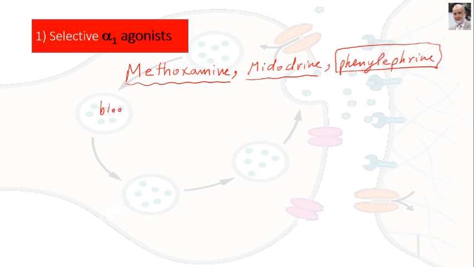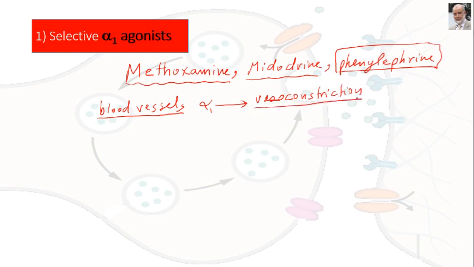As we have said, smooth muscles of the blood vessels contain alpha-1 receptors. Alpha-1 stimulation will result in vasoconstriction.